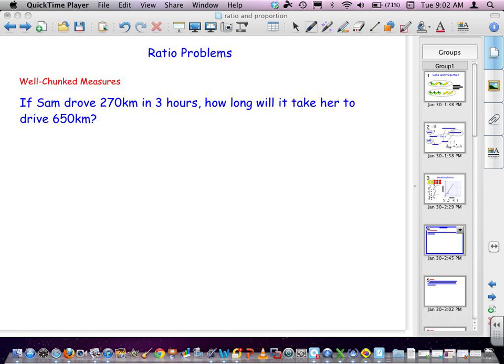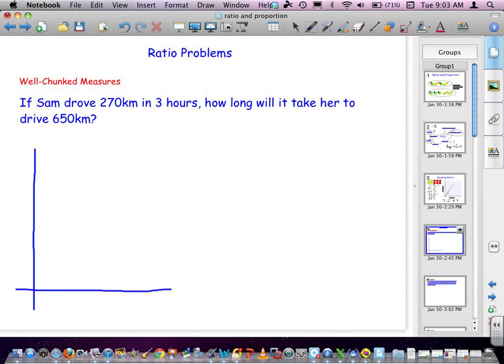How did you go about setting up the first one? Okay, so Emily says she drew a graph.